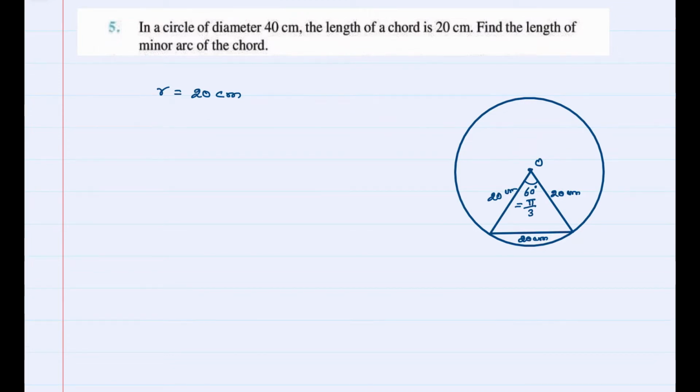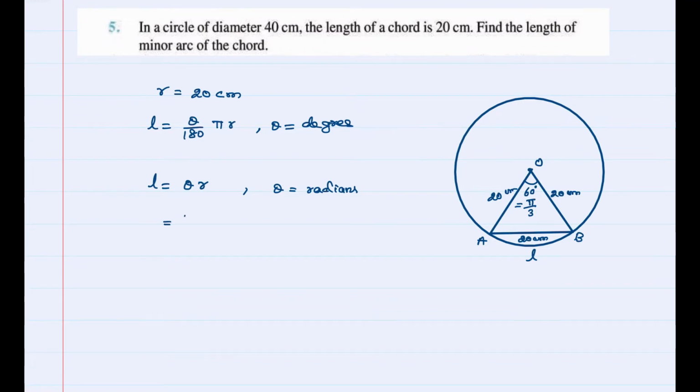Find the length of the minor arc. We have to find the arc length AB. Arc length formula is theta over 180 times pi r, or we may use the formula L is equal to theta r. Here theta has to be written in degrees and here it has to be expressed in radians. Let us use this radian formula.